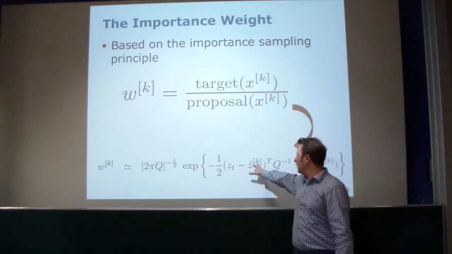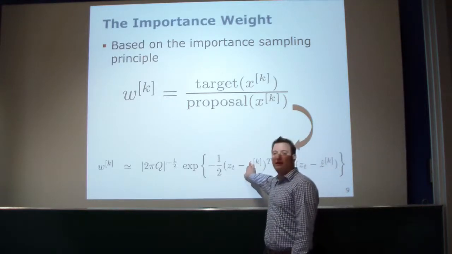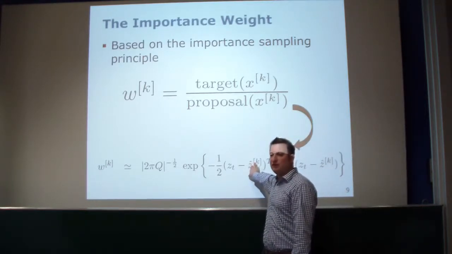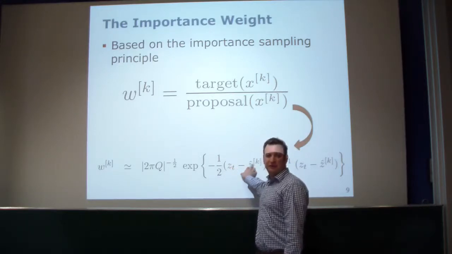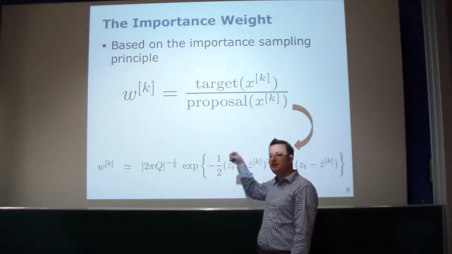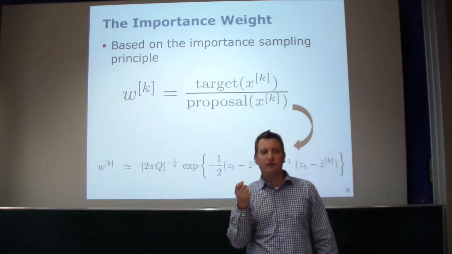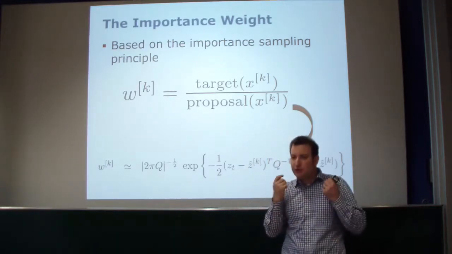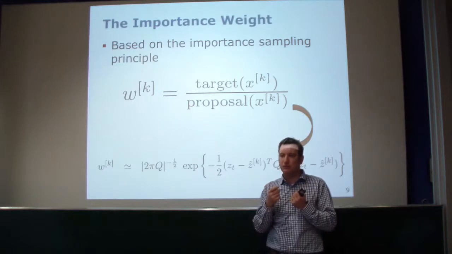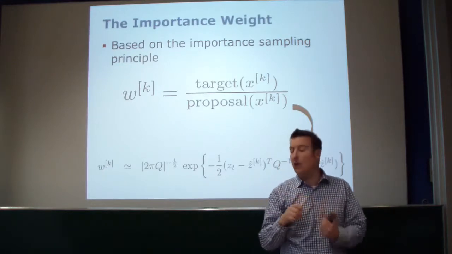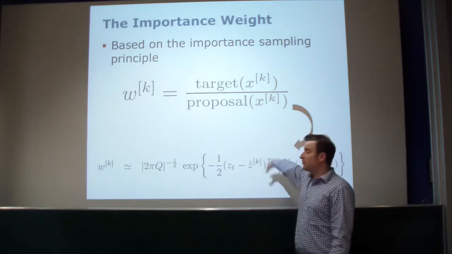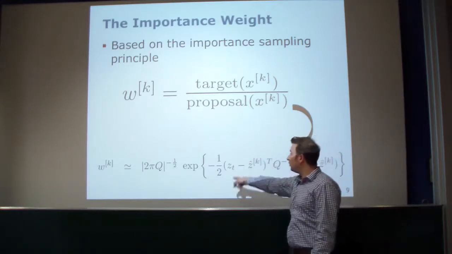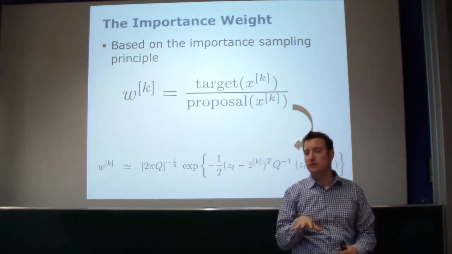And then we simply evaluate how well the expected observation matches the real observation. So if they are identical, that means the estimate that the robot has about its own pose and the world is pretty close to what we actually measure. So this is a particle that should get a high weight. And if this term goes to 0, the whole overall expression is maximized.